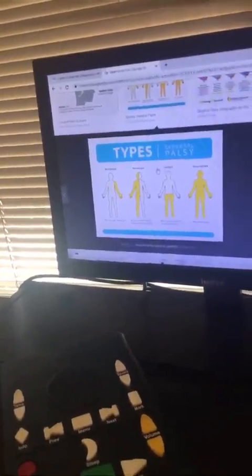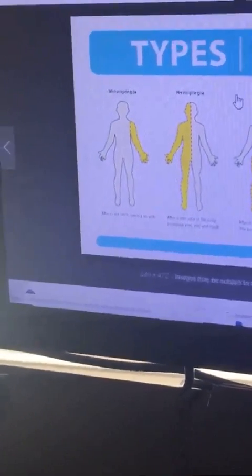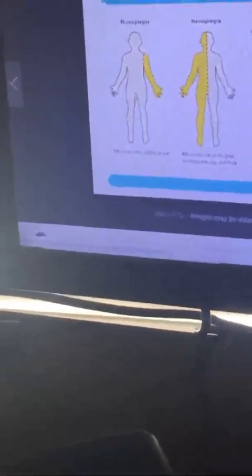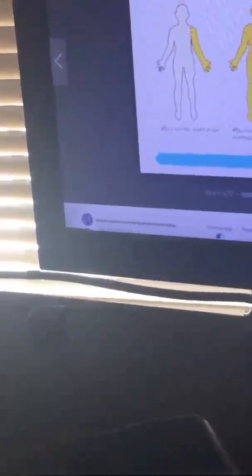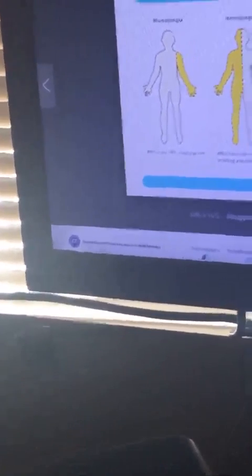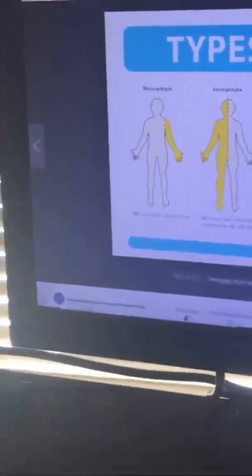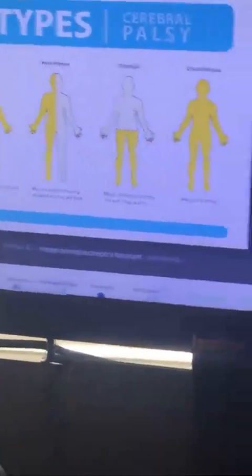Let me just zoom in so I can read. Part of my CP is I have low vision, so if you didn't know that, I am probably blind. Monoplegia, hemiplegia, diplegia, quadriplegia. Okay. Next, I'm going to backtrack into causes.